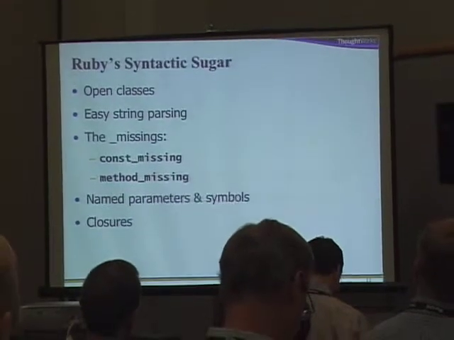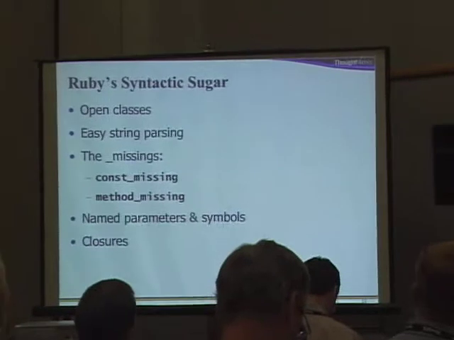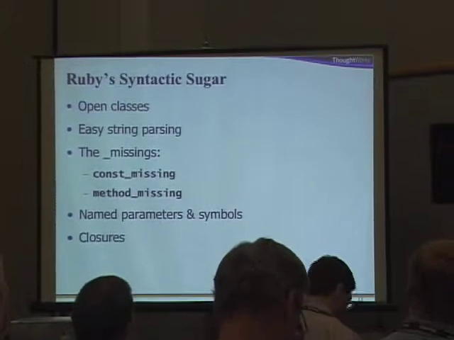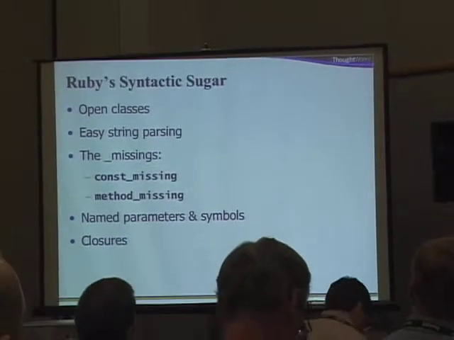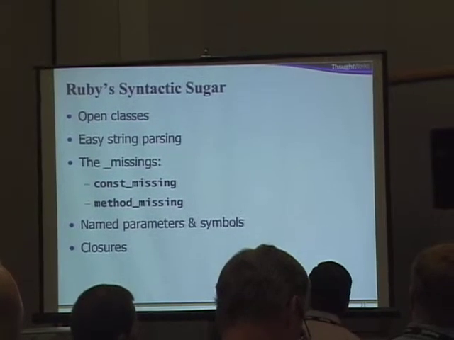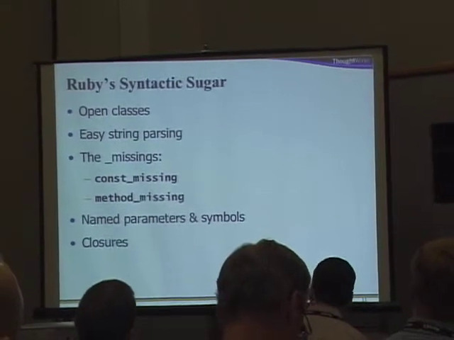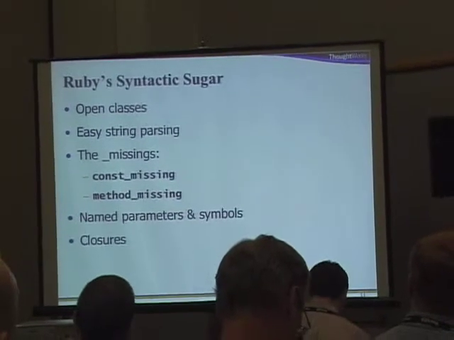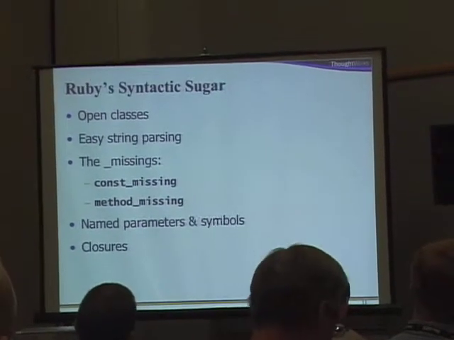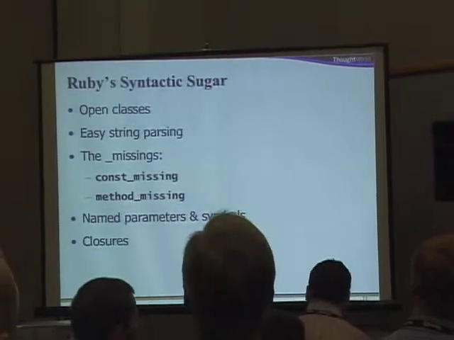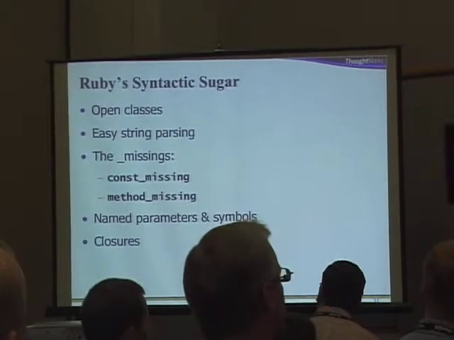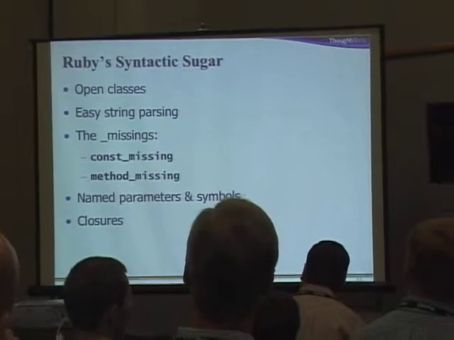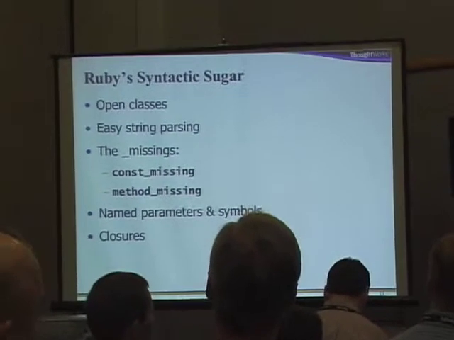Ruby is particularly good at building internal DSLs. And that's what the remainder of this talk is about, building internal DSLs in Ruby. Ruby has a lot of forgiving syntactic sugar that makes it possible to build DSLs. We have open classes. You can crack open any class that you want and add some new behavior to it, which comes in really handy. I'll show you an example in a second. It's really easy to parse strings because you have regular expression support built in.